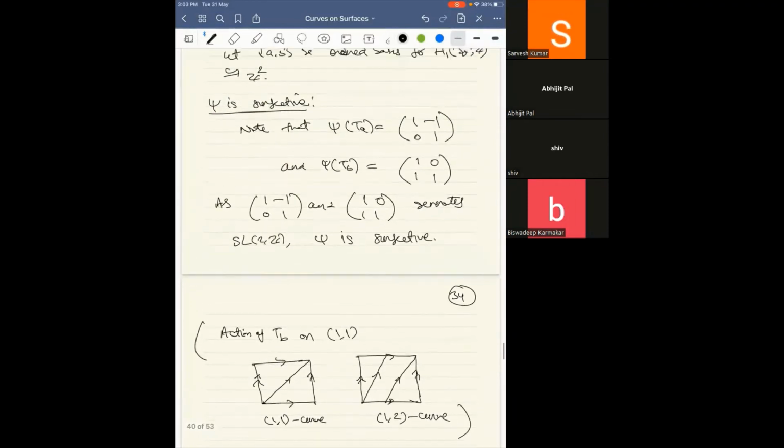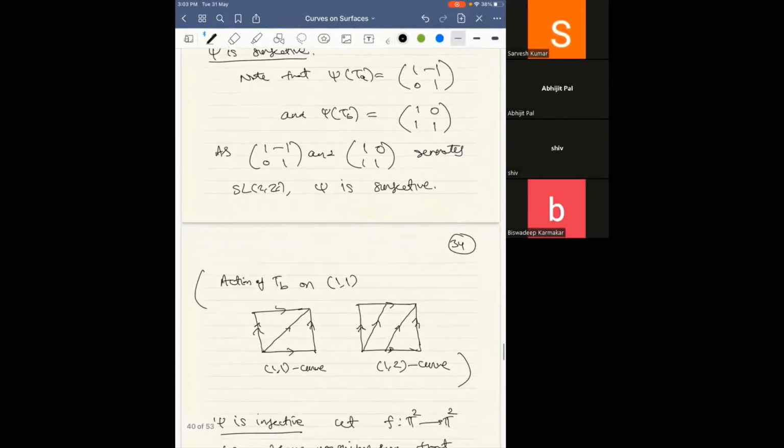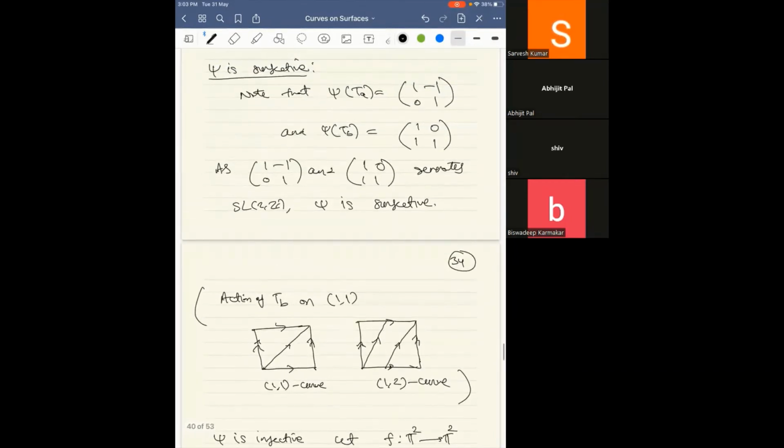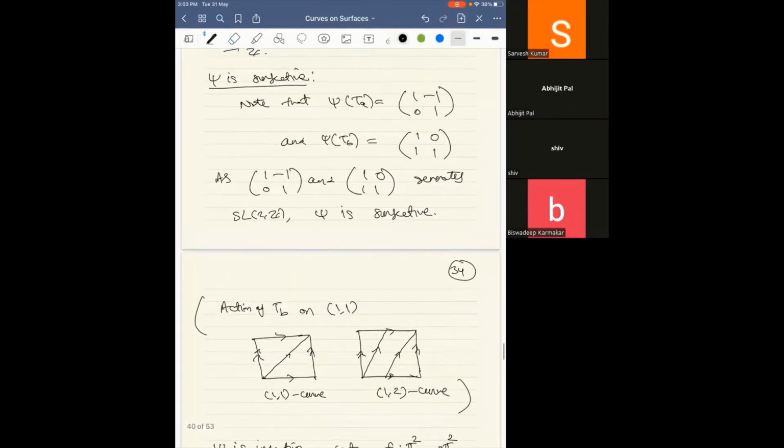For that you just have to look at what the Dehn twist of A is and what the Dehn twist of B is. Should I draw a picture? You can see, for example, T_A acting upon A is A. How do you write A?